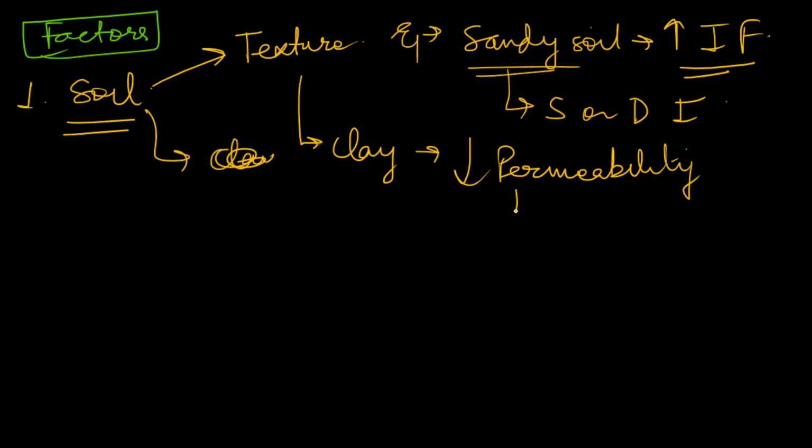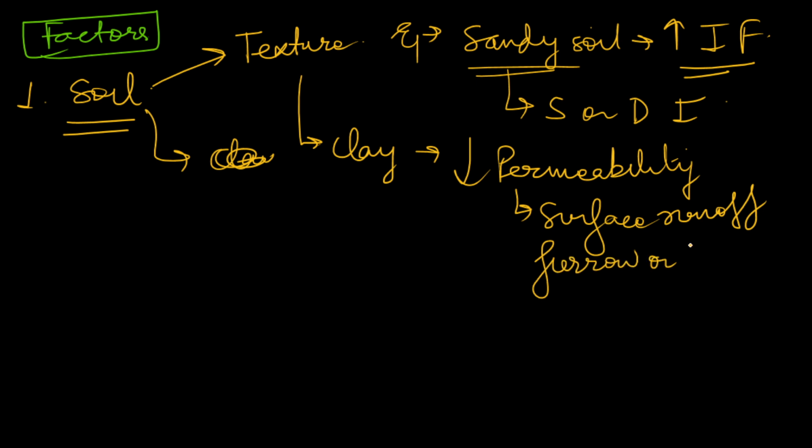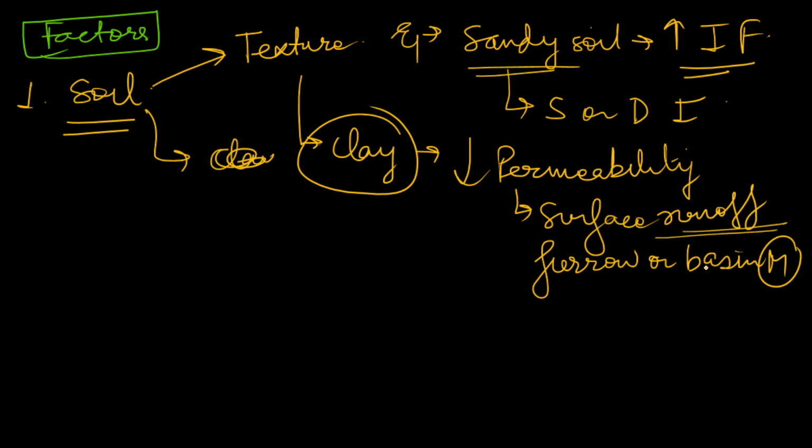It will favor surface runoff, furrow or basin methods. This is for clay soil, because the water holding capacity of clay soil is very good. So it will hold this runoff. It will not let the runoff move away fast.